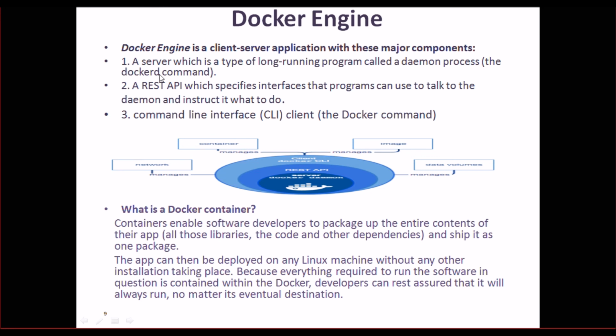The first one is a server, which is a type of long running program called a daemon process, and the Docker command, right? So this is a process, right? The Docker engine is a process basically. The second is the REST API, which specifies the interface that the program can use to talk to the daemon and instruct it what to do.